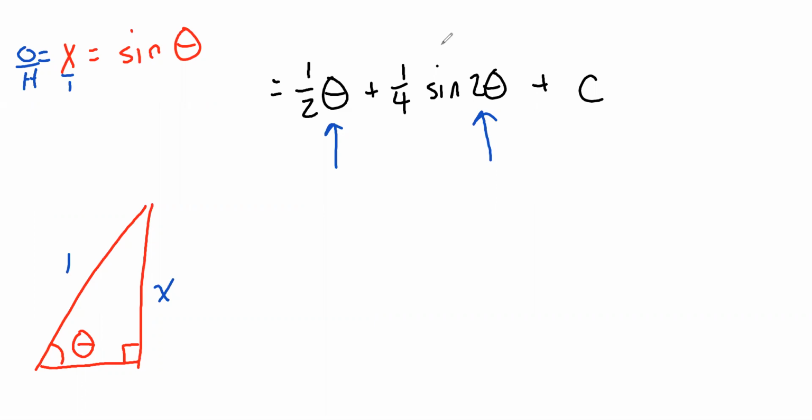We don't need cosine of theta, sine of theta, or anything like that. We just need to know what this theta equals, flat out. So how are we going to do that? Well, it's real simple. Take our substitution and solve it for theta. And all you have to do to solve it for theta is to take the arc sine of both sides. If we took arc sine of both sides, we would get theta equals arc sine of x.